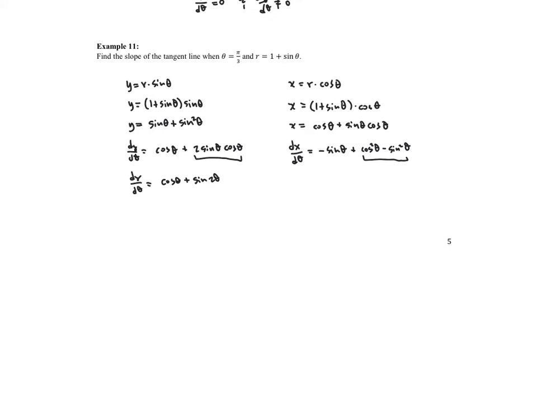Did you know that cosine squared theta minus sine squared theta is actually equal to cosine 2 theta? That's nice. Okay, so dx d theta is equal to negative sine theta plus cosine 2 theta. Cool.